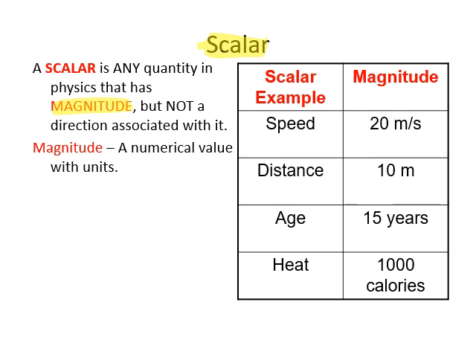What we mean by magnitude is just a numerical value with some units. For example, speed is 20 meters per second, distance 10 meters, age 15 years, heat 1000 calories. When we say that speed is 20 meters per second, we are not mentioning any direction with this.